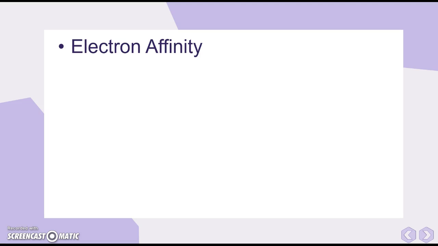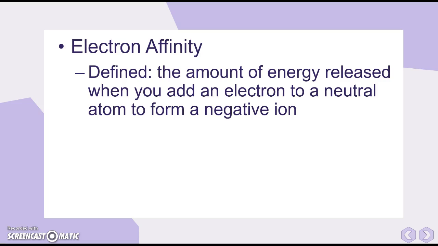Electron affinity is the opposite. The definition is the amount of energy released when you add an electron to a neutral atom. So if you think of it this way, you're bringing in a new electron and you're forming a negative ion, and as it's doing that, it's going to come down to ground state, coming through those energy levels, and as it comes through those energy levels, it's going to release energy, and the more energy released, the better.